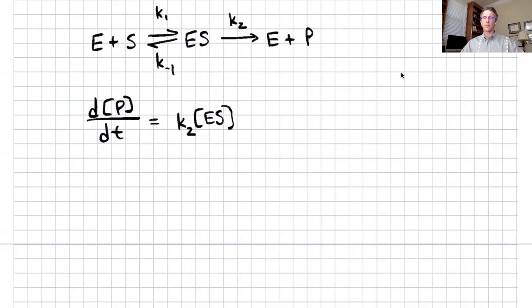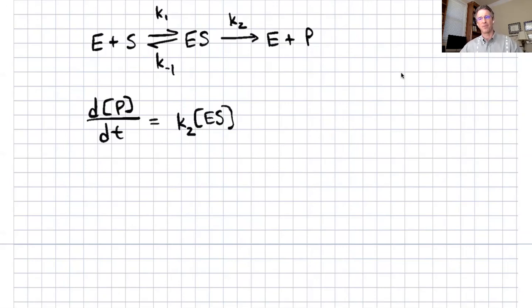That's the initial setup for determining the rate at which product appears: k2 for doing chemistry and the concentration of the enzyme substrate complex we've got to work with. That's great, and that all looks familiar. That looks like a simple little first order rate equation, right?